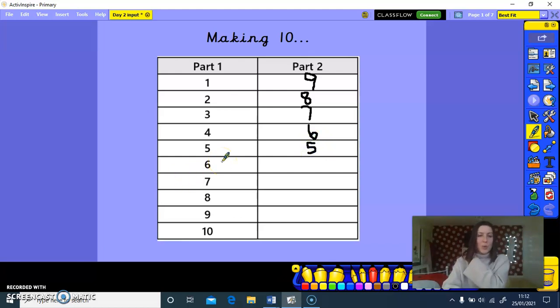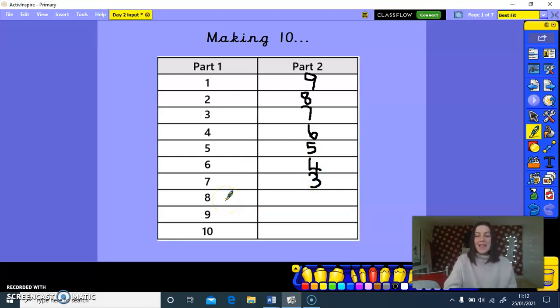Okay, brilliant job. One part is 6 this time, so the other part is 4, isn't it? Because I've got 6 over here, 4 here. Brilliant job. 6 add 4 make 10. What about 7? What must we add to 7 to get to 10? I have got 7 over here, so I'm left over here with 3. 7 add 3 are two parts to make the whole of 10.